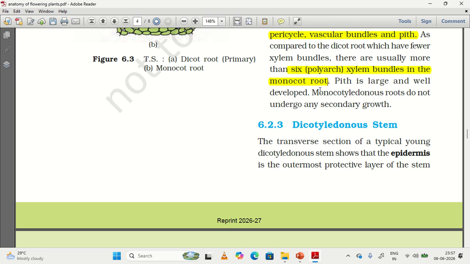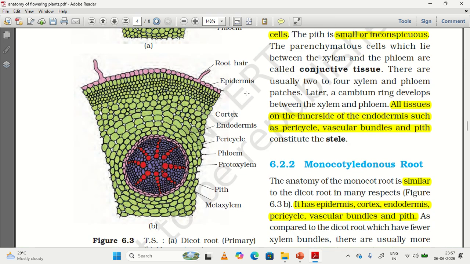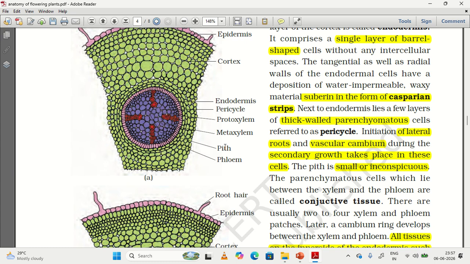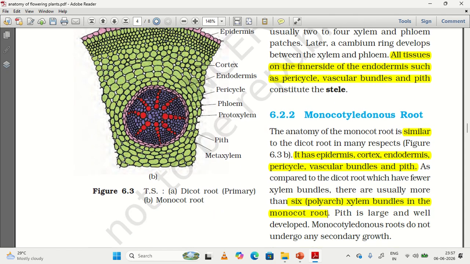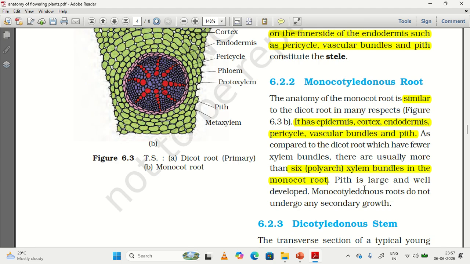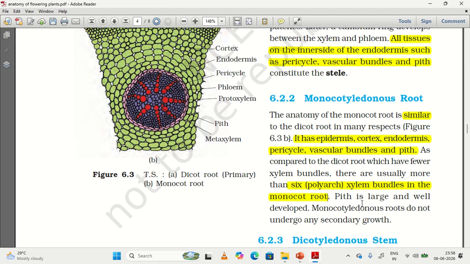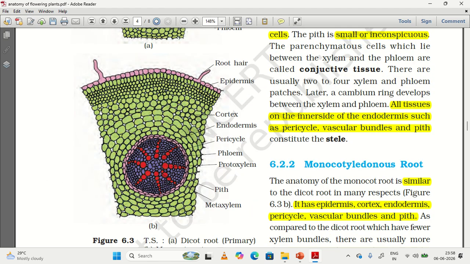The pith is large, whereas in the dicot root, the pith is very small or inconspicuous. So in the monocot root, the pith is very large. And also monocot roots do not undergo any secondary growth. Hence, here there is no cambium.